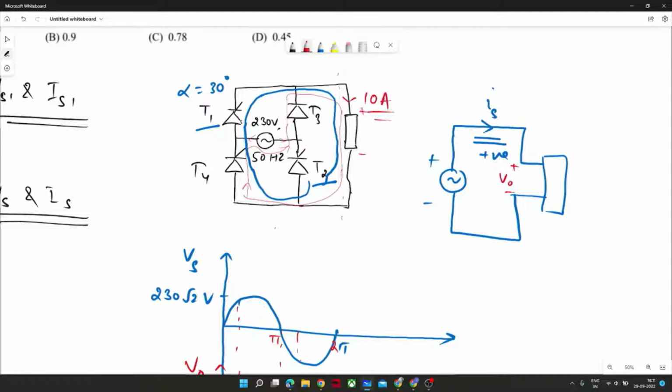For the blue one, I have drawn the blue connection for T1 and T2, right? And for conduction of T1 and T2, this current direction was like this. It is the same as I naught. But when T3 and T4 would be in forward conduction mode, then what will happen?